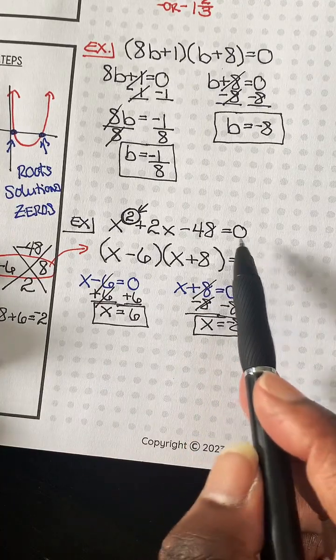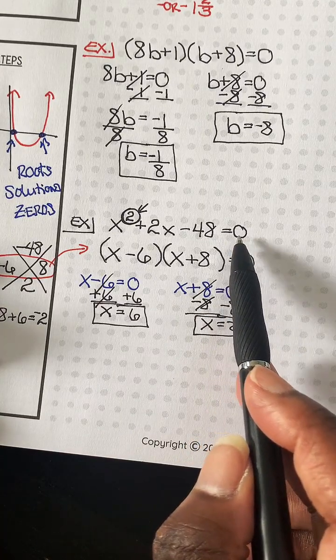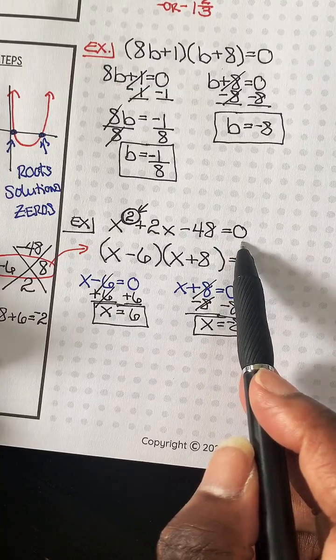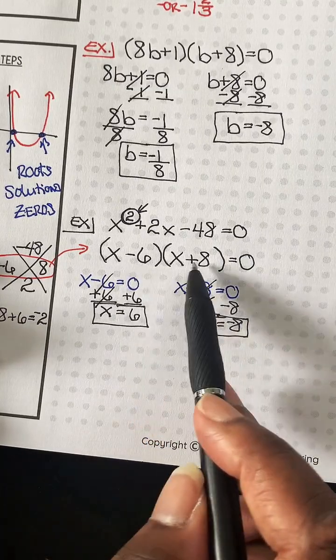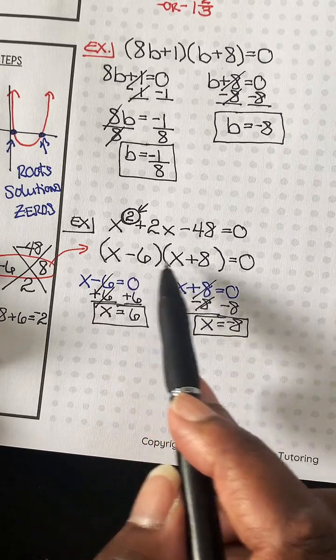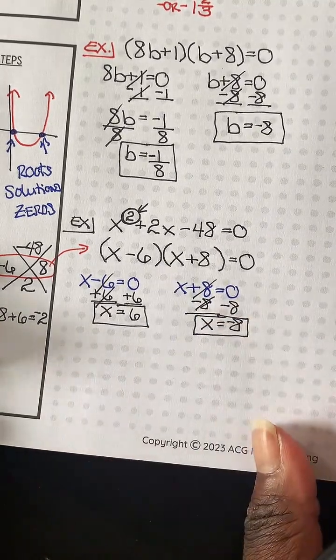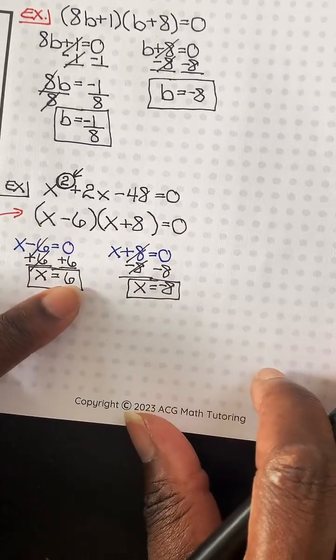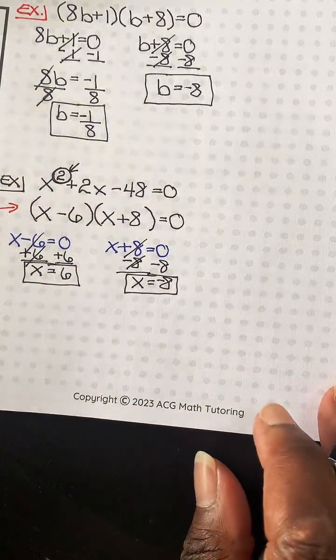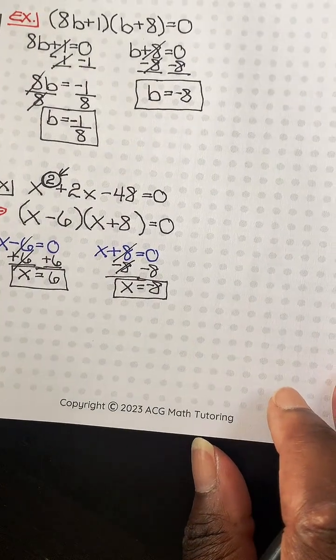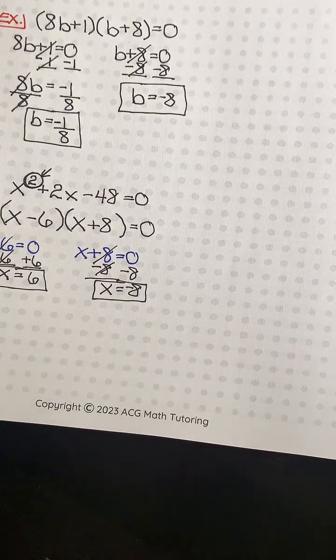And if it's equal to 0, that means once we break it down, we set these two parentheses equal to 0. I'm going to do some more examples of this, because this is definitely 4-point questions, and it'll give you higher rankings up for ASVAB as well.